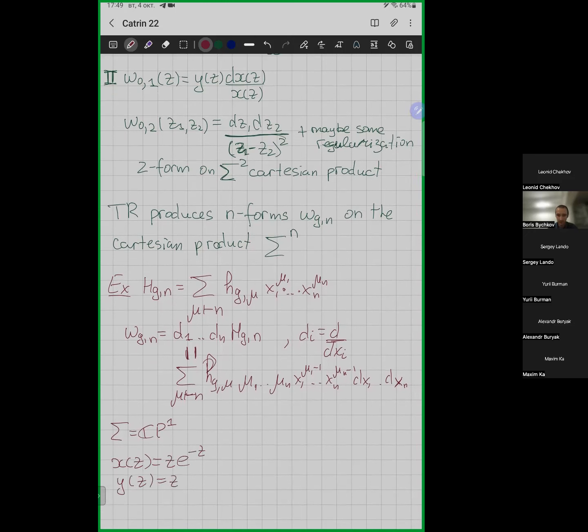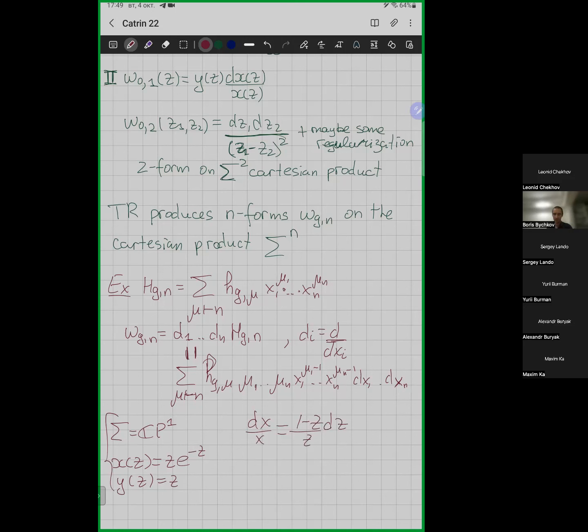And so we have that dx over x is equal to something like (1 minus z) over z dz.